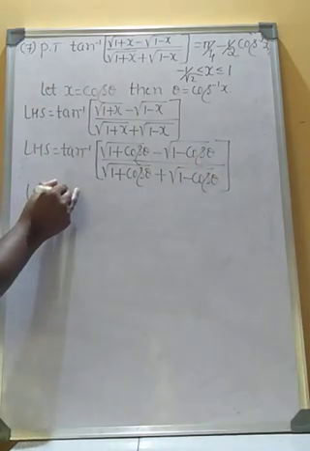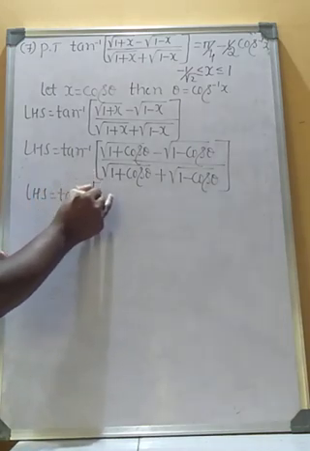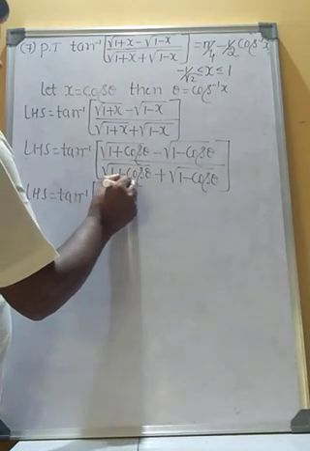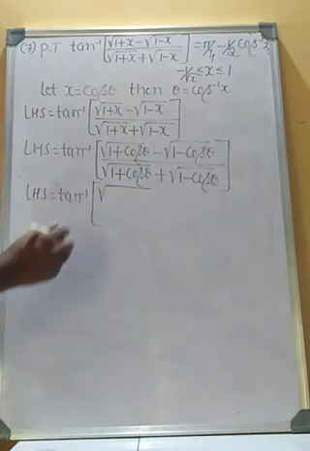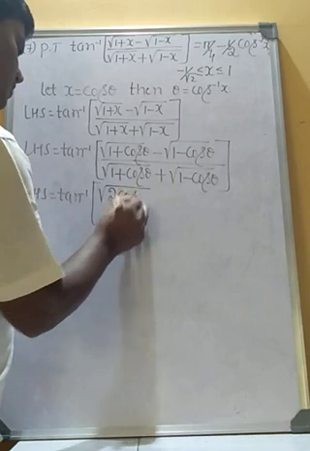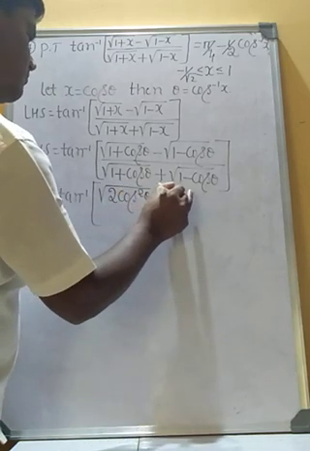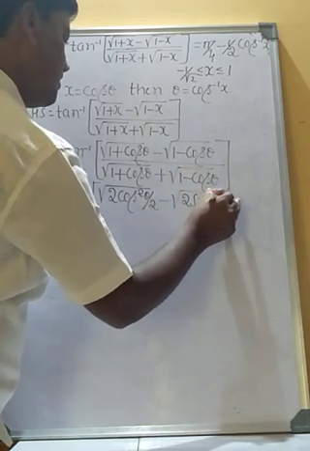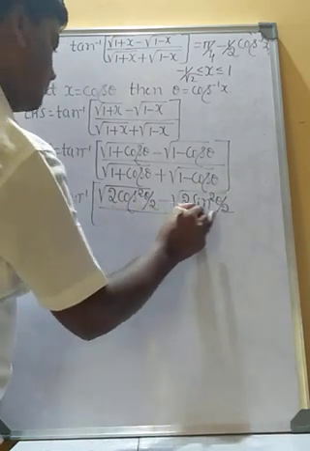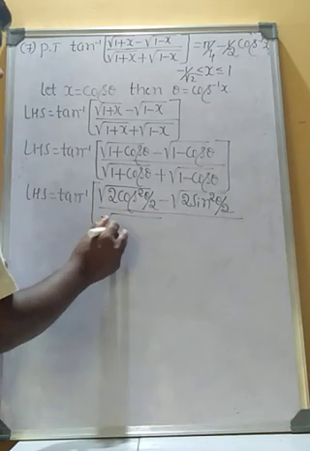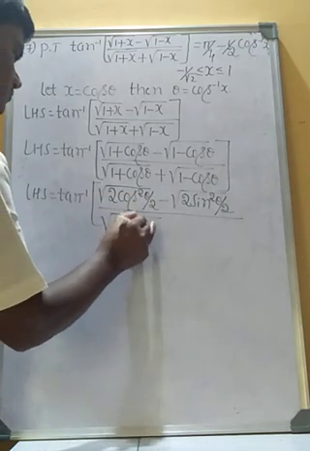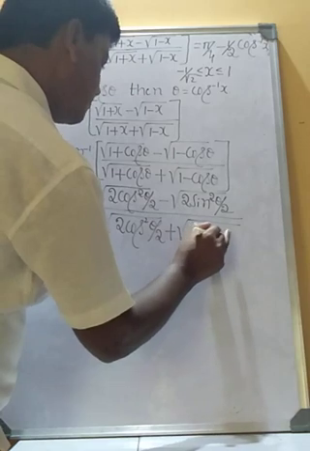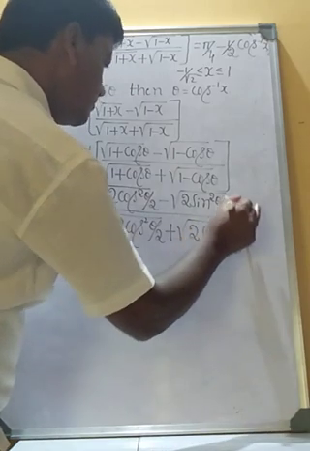Therefore, left hand side is equal to tan inverse of, 1 plus cos theta, that is formula 2 cos square theta by 2, minus 1 minus cos theta, formula 2 sin square theta by 2, dividing by again 1 plus cos theta, 2 cos square theta by 2, plus 2 sin square theta by 2.